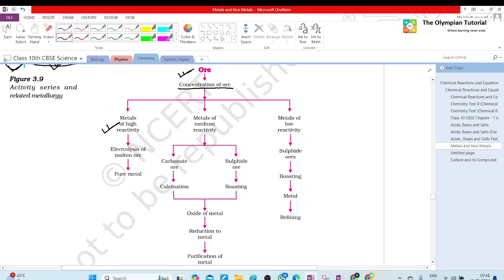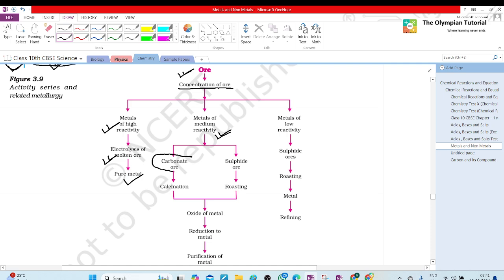Metals of high reactivity like sodium, potassium, electrolysis of molten ore. Molten means when solid is melted. Now you get pure metal.